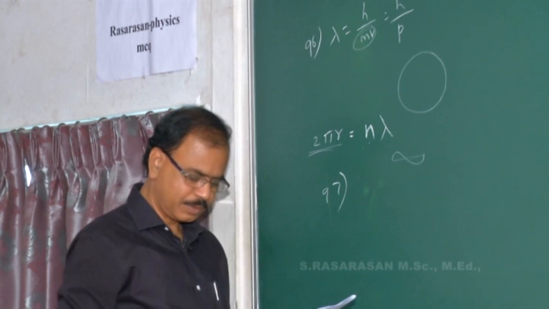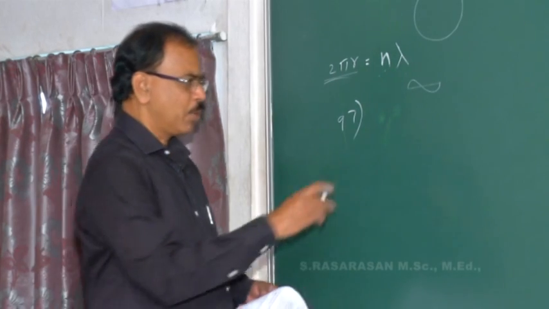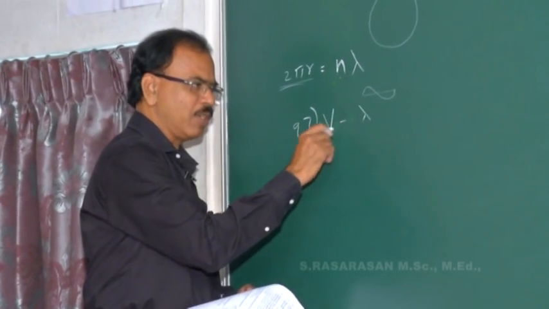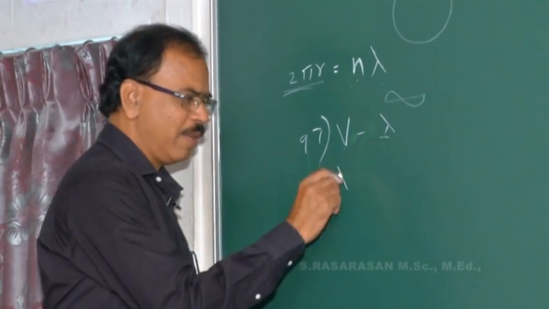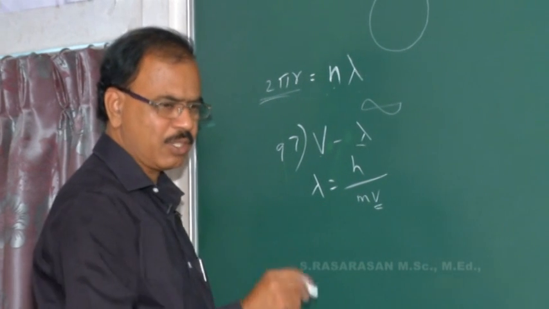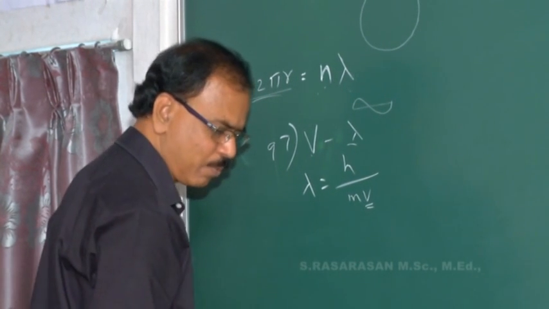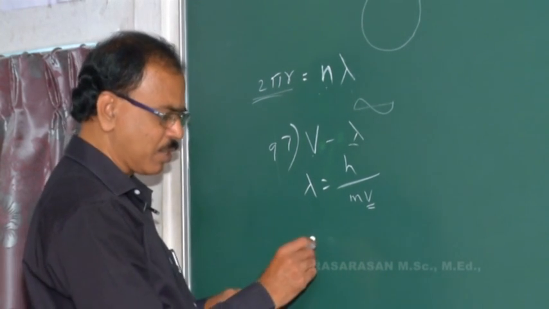Next, when an electron is accelerated with a potential difference V, its de Broglie wavelength is directly proportional to what? Not velocity, the potential difference. De Broglie wavelength is lambda equal to h by mv. How do we arrive at the velocity in terms of potential? We have crossed this a number of times during these discussions.